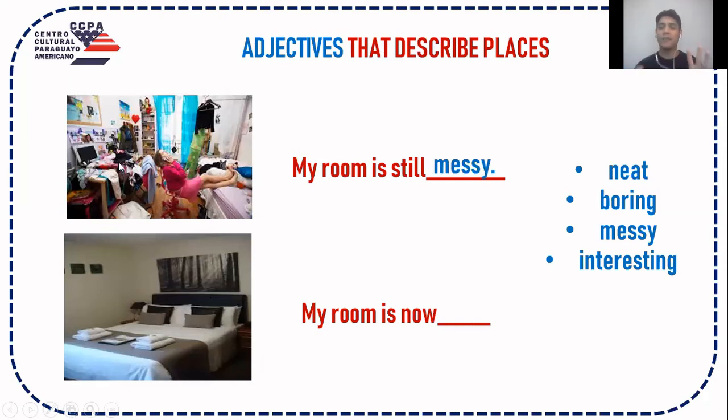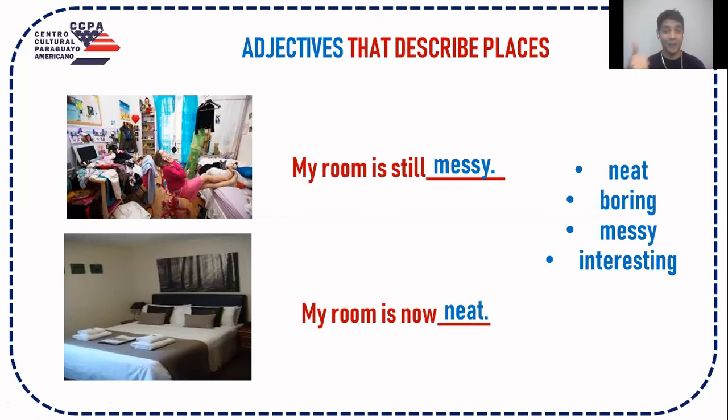When you don't have everything organized, all right, or clean, it is messy. Very good. And if we have messy, the opposite of messy is neat. So my room now is neat. Very good. Messy and neat, opposite. Clean and dirty, opposites. Very good.